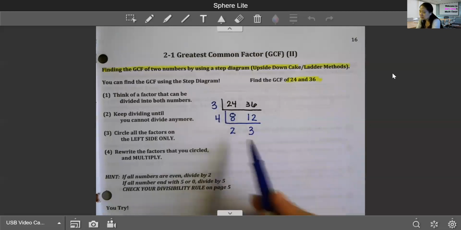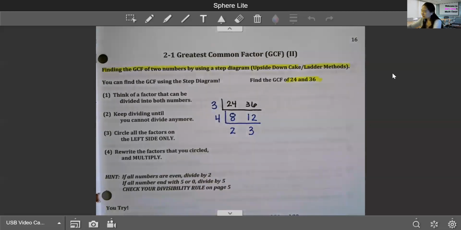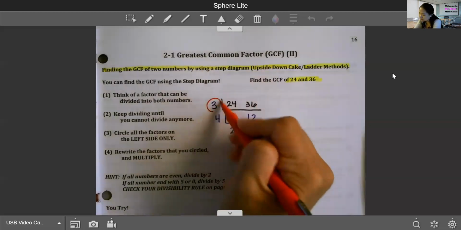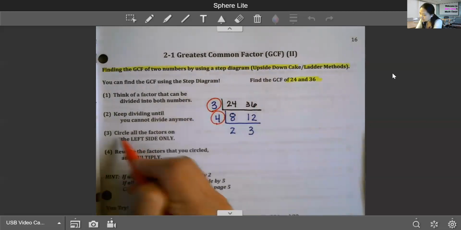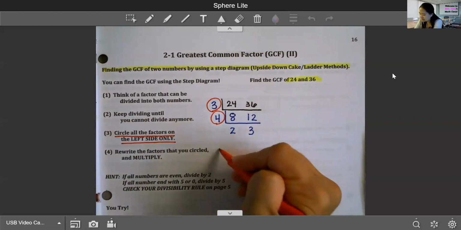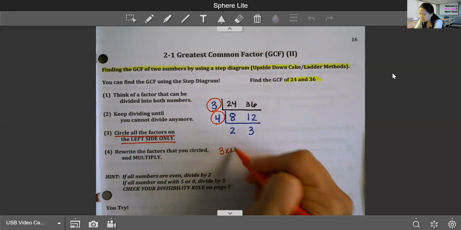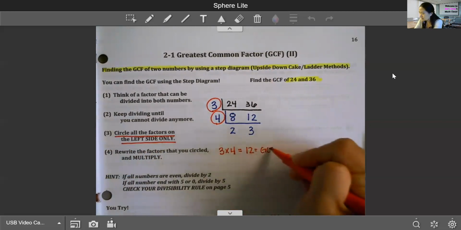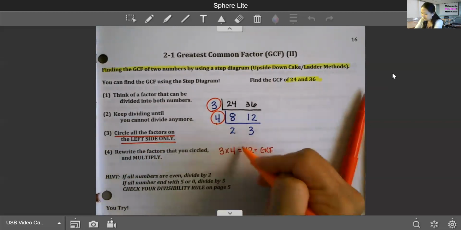So then this is when you stop. And then you're going to circle the factors that are on the left side only, and you're going to multiply them. 3 times 4, your greatest common factor is 12.